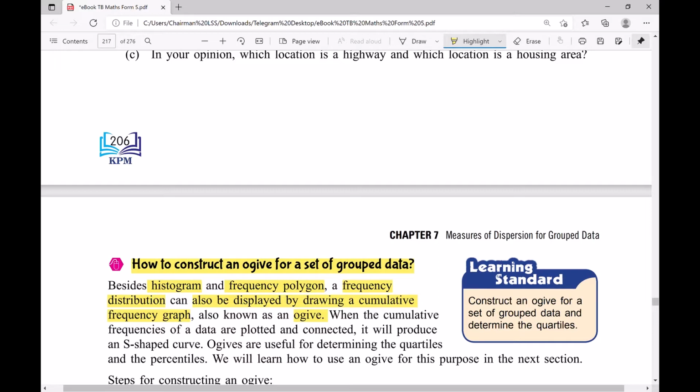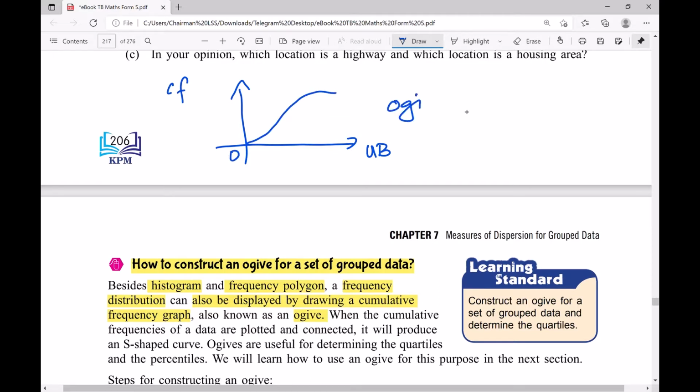The y-axis is the cumulative frequency, and the x-axis is the upper boundary. When you draw your graph, start from 0, and you'll get a graph like this. It's called an Ogive, and today we'll learn how to do it.